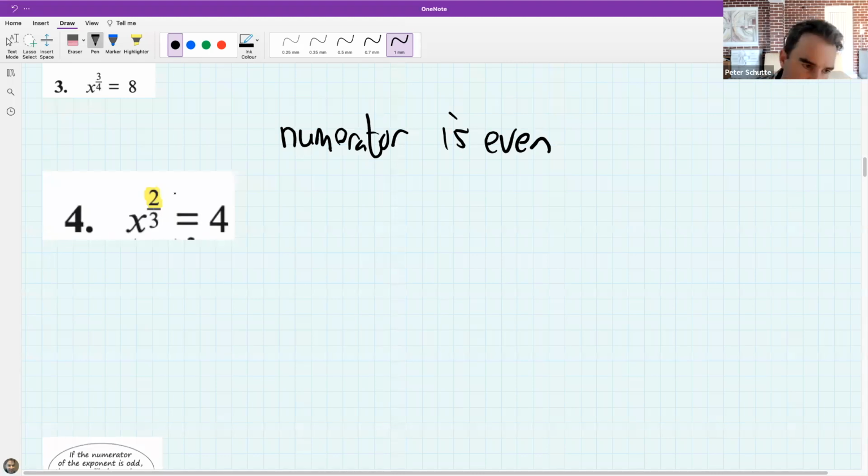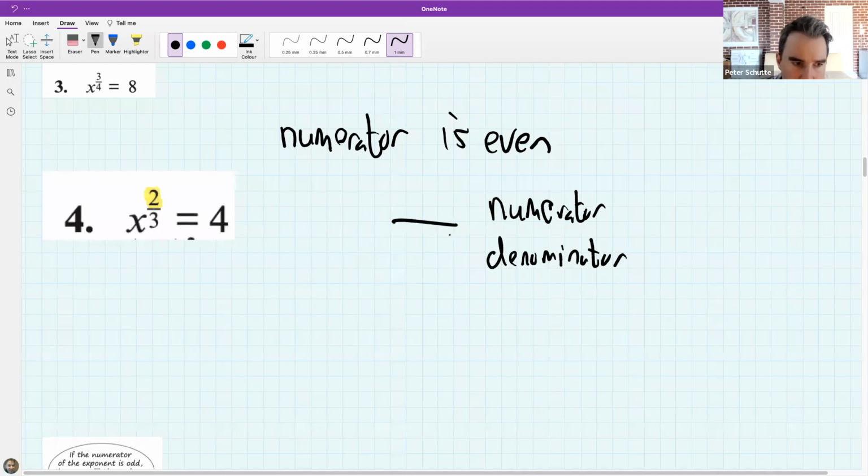When you say it's even, what I mean is, if you look at a fraction, there's two parts. There's the numerator, which is on top, and the denominator, which is on the bottom. So in this equation, the numerator is 2 and the denominator is 3 in the power.